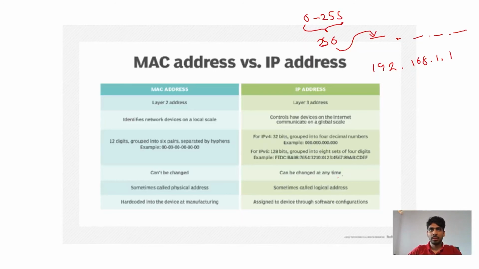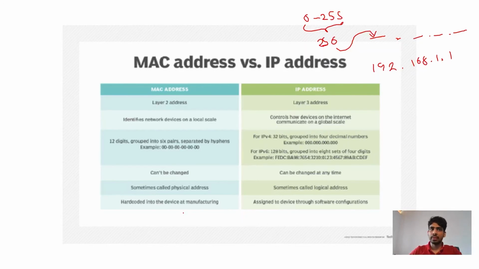The MAC address is sometimes known as the physical address because it is fixed to the device, but IP addresses are not fixed to the device. They change from time to time as we allocate them, so we call them logical addresses. As I told earlier, MAC addresses are hard-coded by the manufacturer of the network interface card.